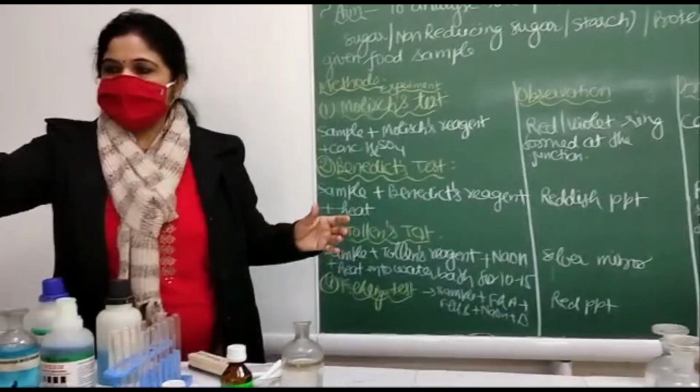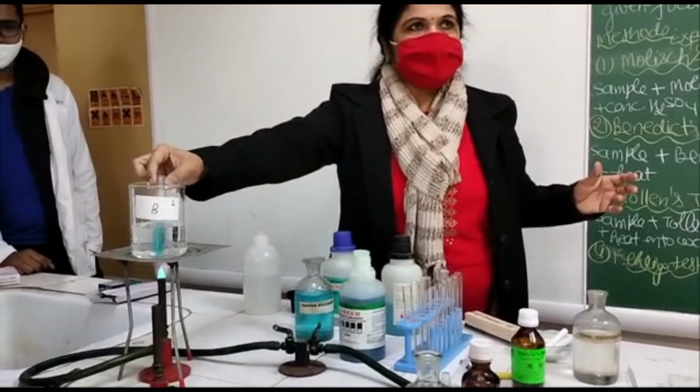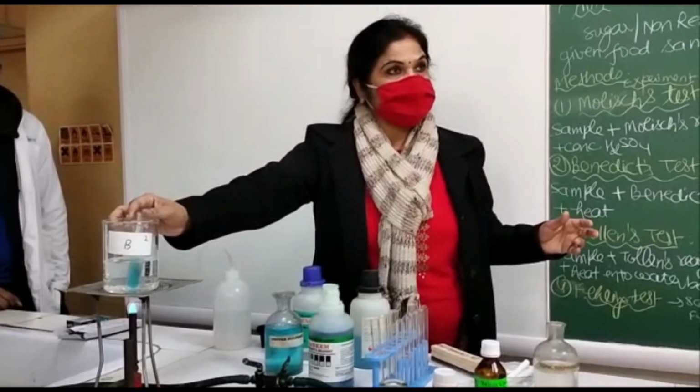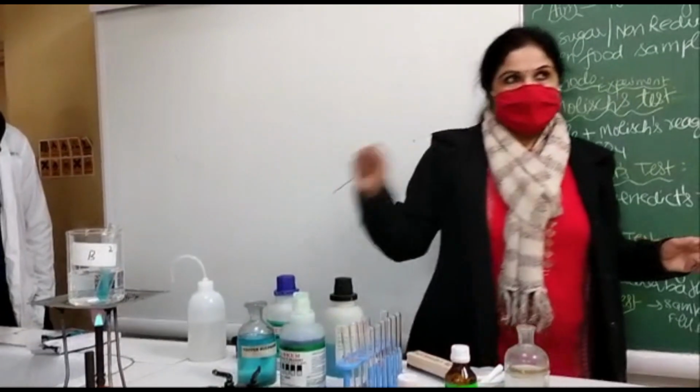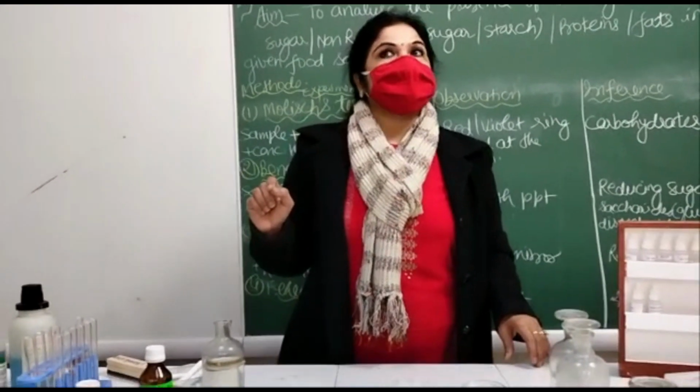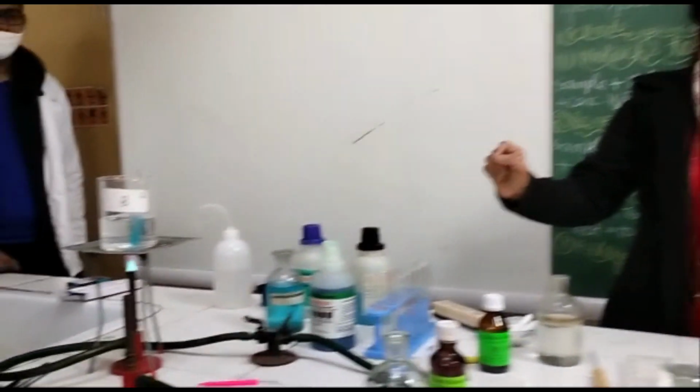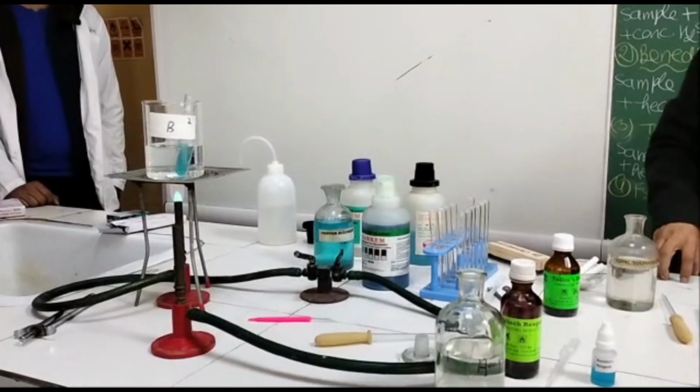Put into a water bath, or you can heat directly, but you must take great precaution with direct heating, so better put it into a water bath. Leave for some time. If you get a red precipitate, that is the presence of reducing sugar. So we wait, and then we will proceed to the next method.